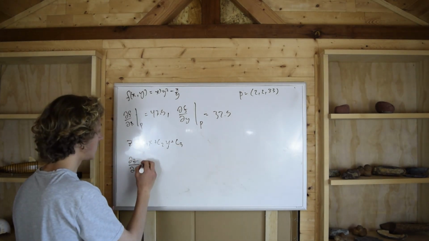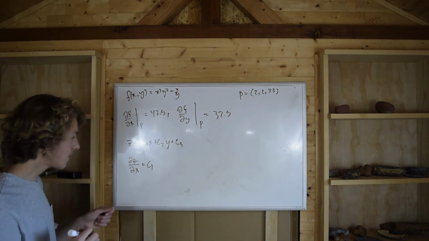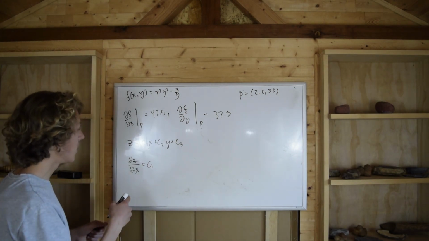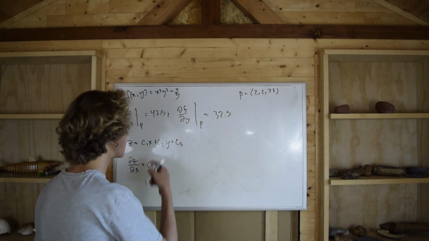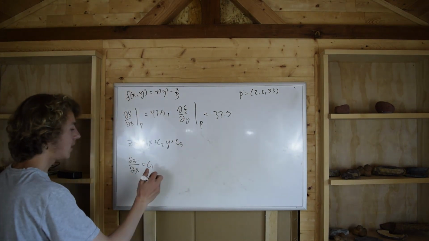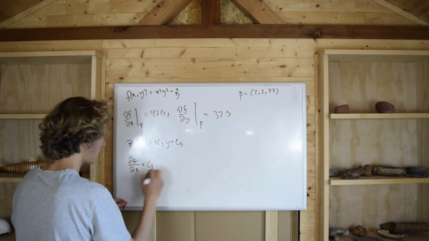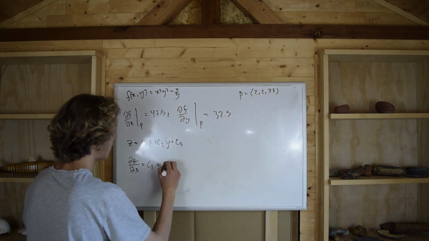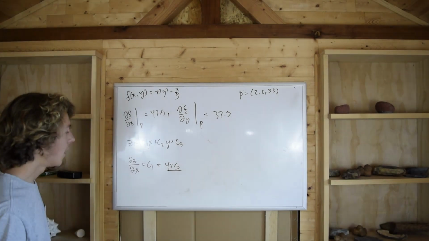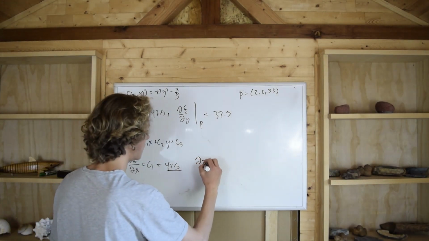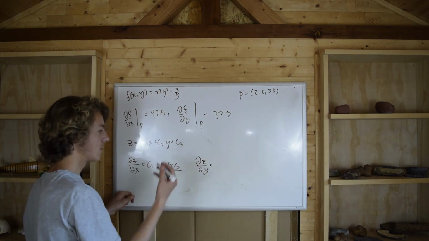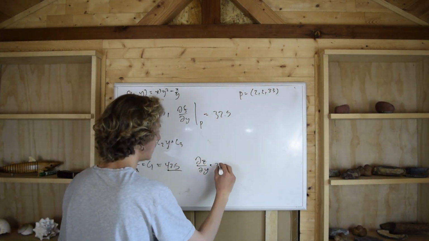And so now we're left with just constant 1. That's our slope. And the tangent plane has the same point as our function, so we know constant 1 must equal 47.5, because the slope in the x direction is constant 1. You can see the same thing with constant 2. It's just 32.5.